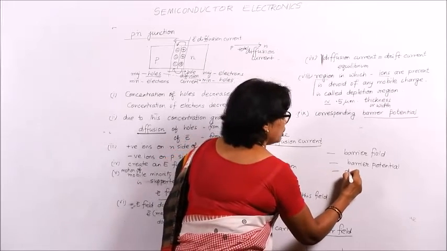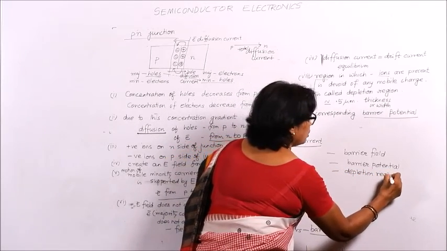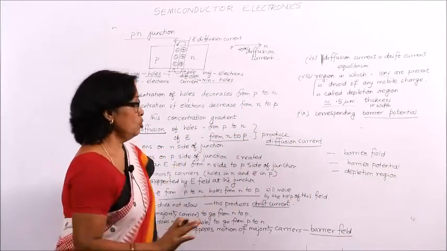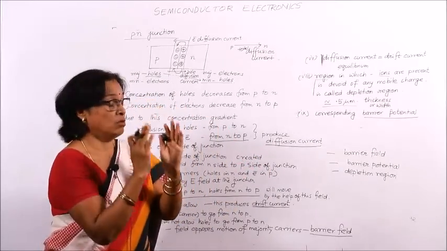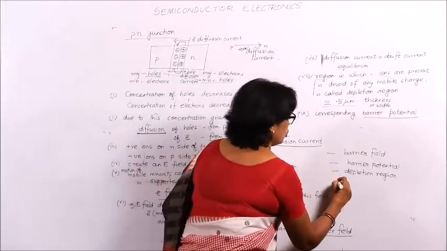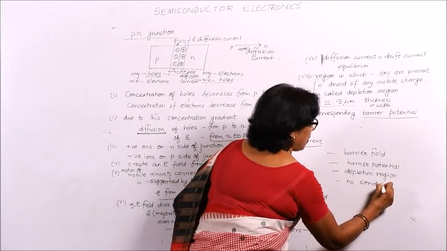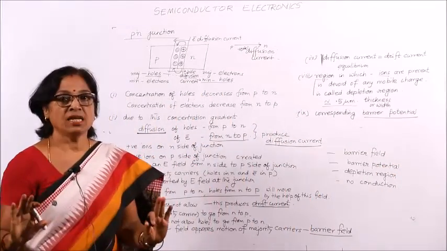There is a depletion region at the junction, a thickness where there are no mobile charges. So the depletion region is actually something like a barrier, and there is no motion, no conduction. So p-n junction is like this.